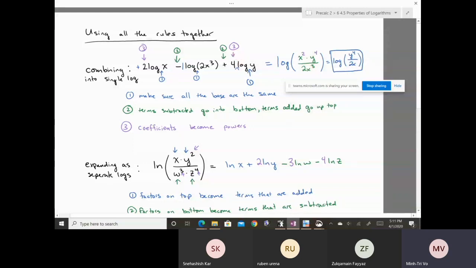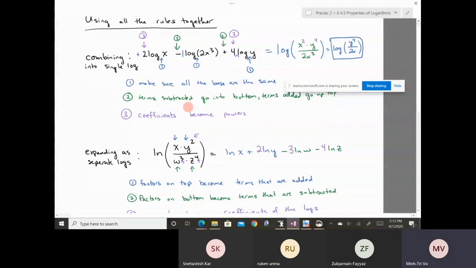And then the y has a coefficient of 4, so that turns into y to the 4th here. Okay, so you just put it together piece by piece according to this, and then you have an x on top and an x on the bottom here, right? So you can simplify that. So that's what's going on in this example.